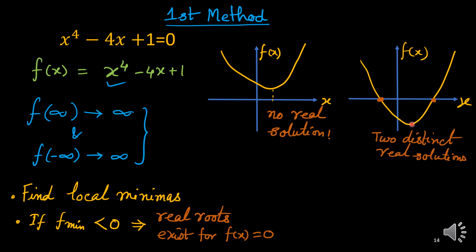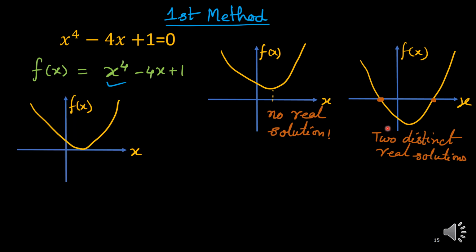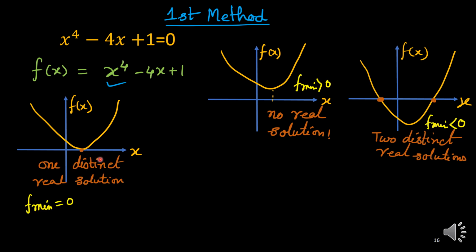Here I have shown only one minimum. Now if we again have one minimum but this time its value is 0, we can have only one distinct real solution. We get two solutions, but both are equal.